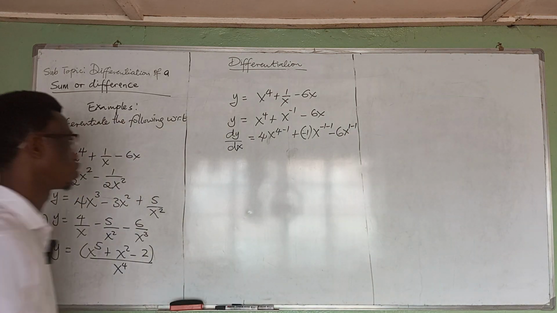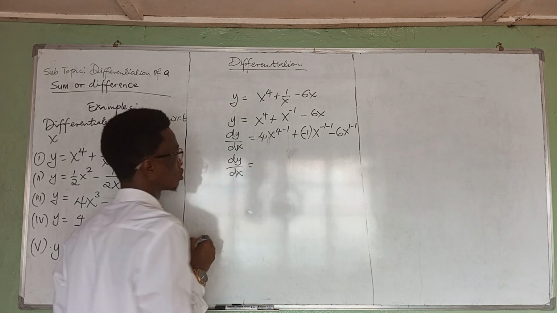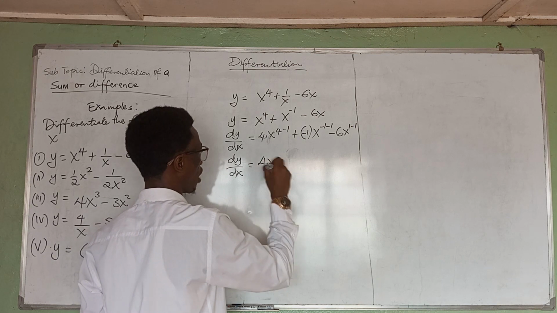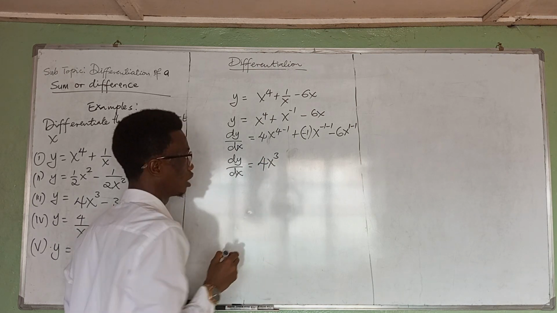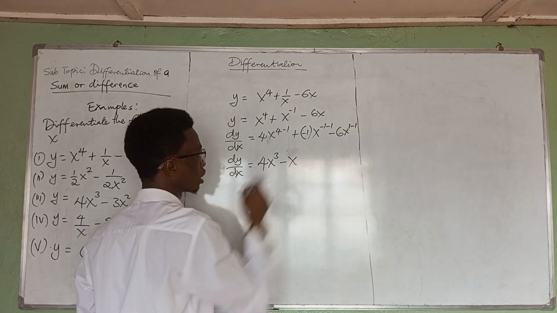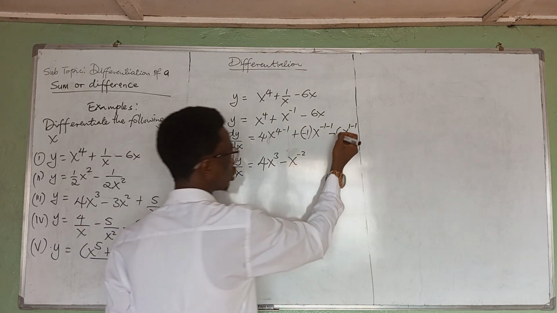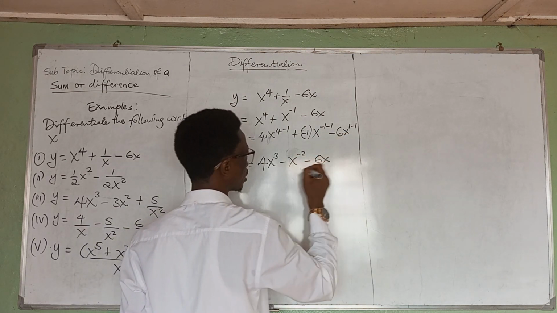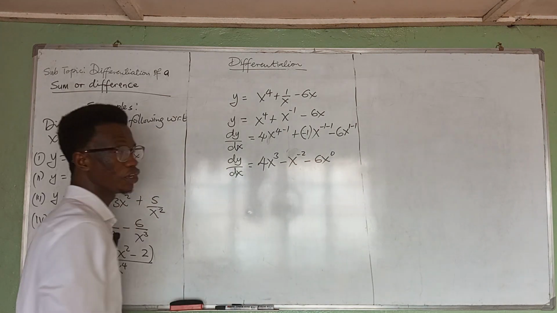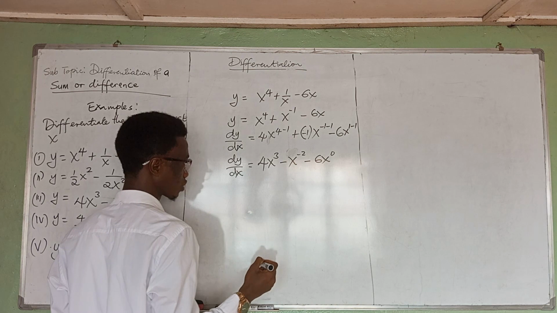Okay, so that's it. Now we say dy by dx equals: if you subtract 4 minus 1 it gives you 3, so this becomes 4x raised to the power 3, plus times minus becomes minus x, and minus 1 minus 1 becomes minus 2. Then you come to this one, minus 6x. 1 minus 1 becomes 0, and we know that any number raised to the power 0 is 1.